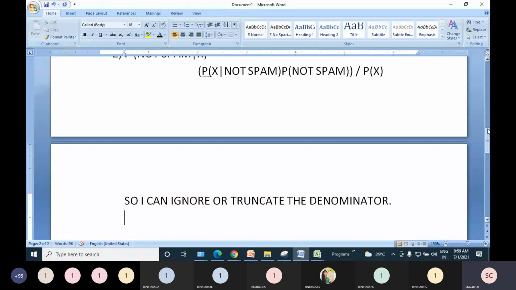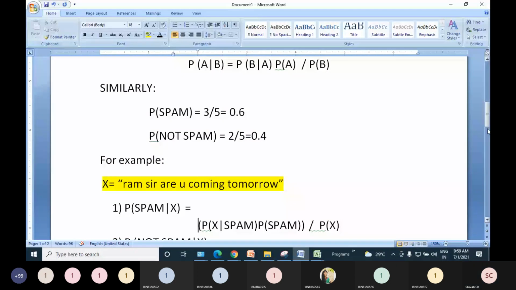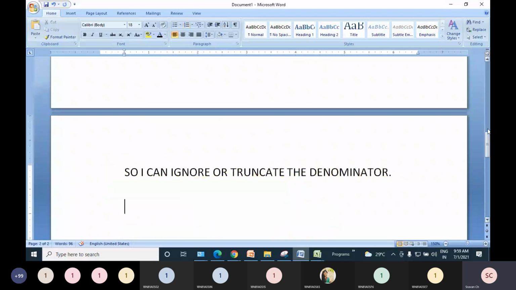After removing the denominator, what is left now? What do I need to calculate? If I remove the denominator, what is the formula now? Let me remove the denominator. Control C. P of spam for X is equal to this.